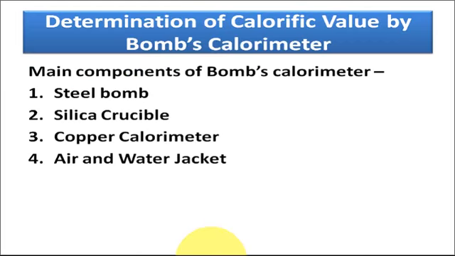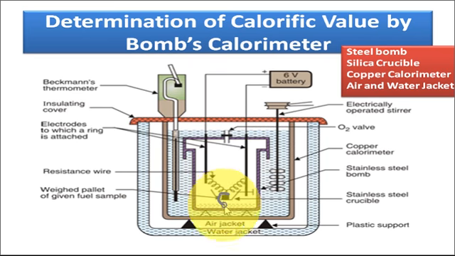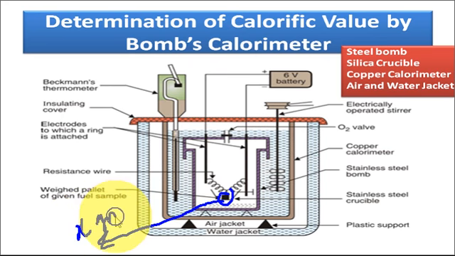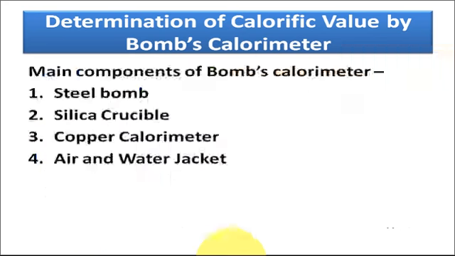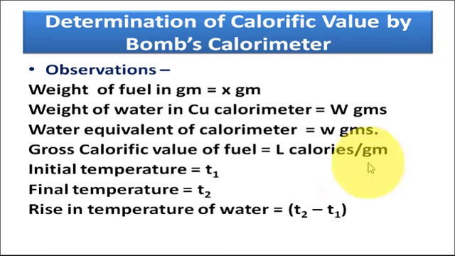The weight of the water in the copper calorimeter, that is the known amount of water I have discussed, is suppose capital W grams. Now the water equivalent of the copper calorimeter, suppose small w grams.